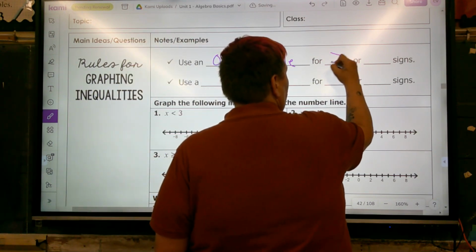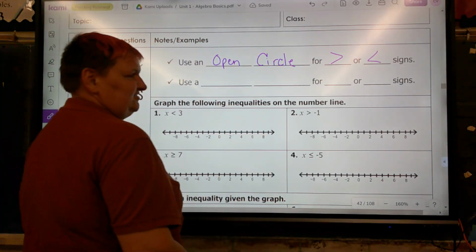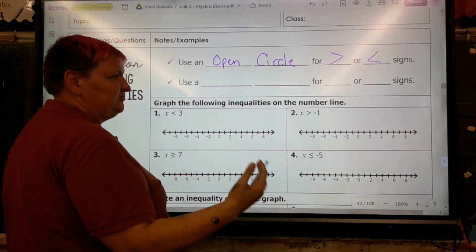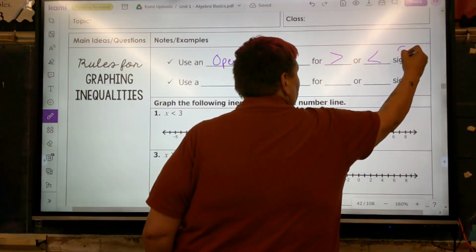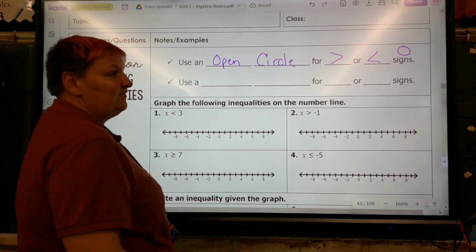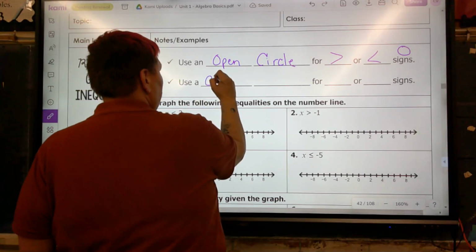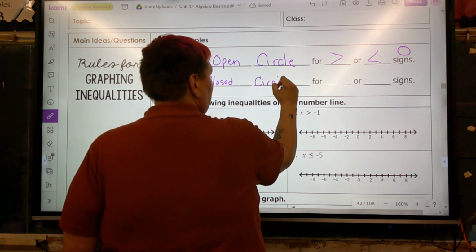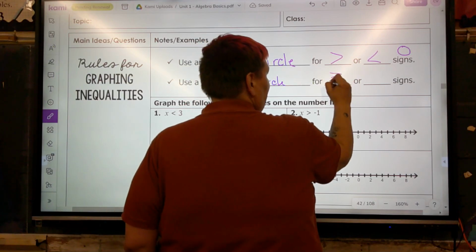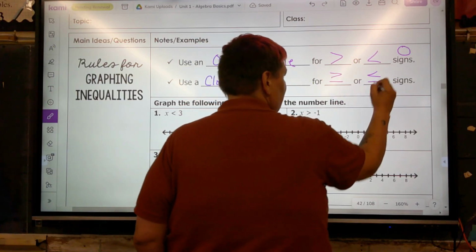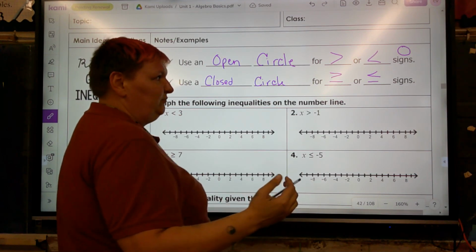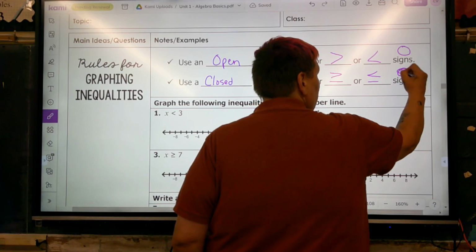For greater than or less than signs, we use an open circle like this. Use a closed circle for greater than or equal or less than or equal. If it could be equal, meaning if it could include that number, then you use a closed circle.